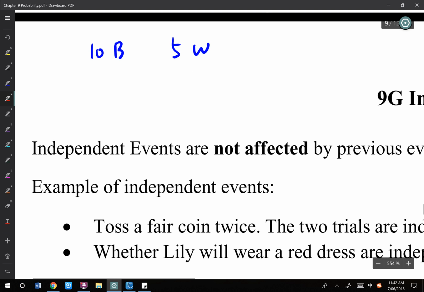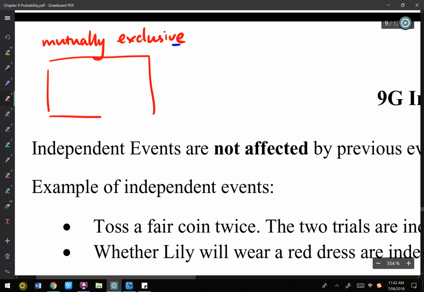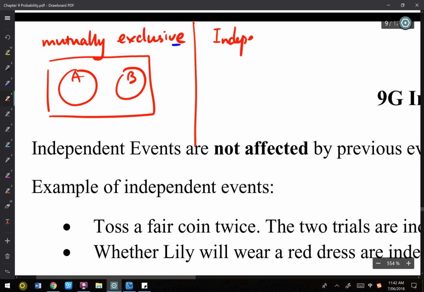So for mutually exclusive, I will use a Venn diagram to show that. That will be event A and that will be event B. So they are mutually exclusive. Do you think they are independent events?